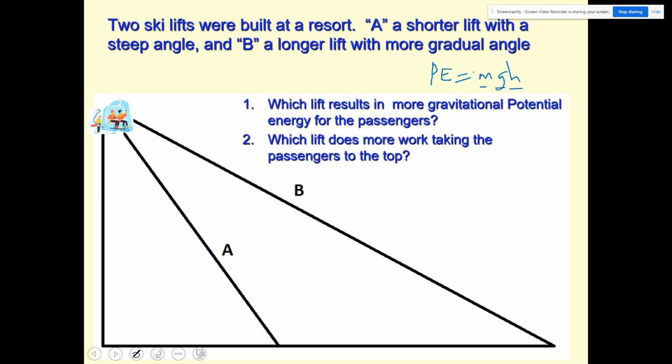Number two, which lift does more work, taking the passengers to the top? Let's take a look at the formula there. Work is equal to force times the distance. And remember, the force is the mass times the acceleration. If they have the same mass and they were taking a different force to get there because one of them's got a steeper angle, then I would say that because the PE is the same, the work was also the same.